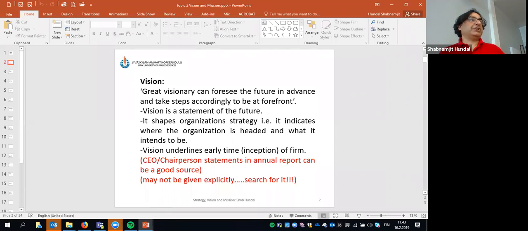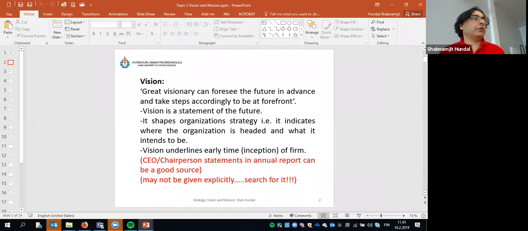If your company's vision is that we want to be the most cost-effective company in the world, let's say, then your mission would be to innovate processes, products, or both.